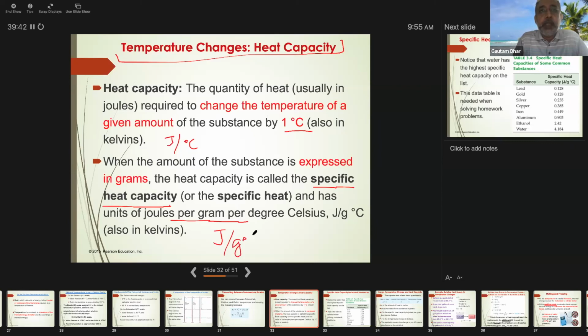Now, when you have a specific heat capacity value, that means we know how many joules are required per gram per degree centigrade. So if you multiply by mass, for different masses of that object we'll have different amounts of heat, and then if you multiply by how many degrees we raise the temperature, together we get the total heat.